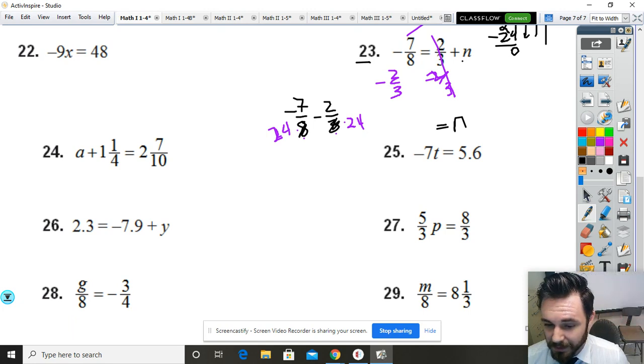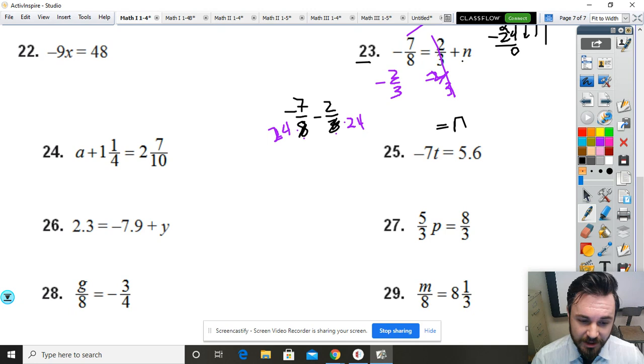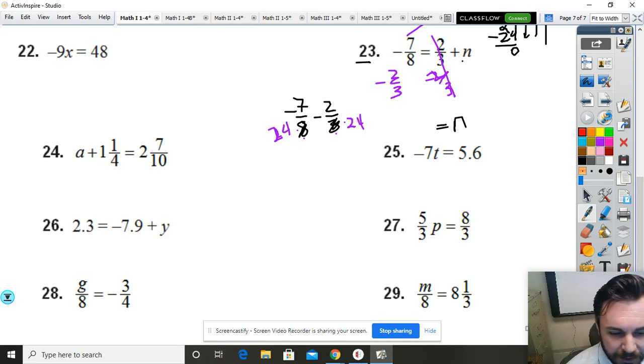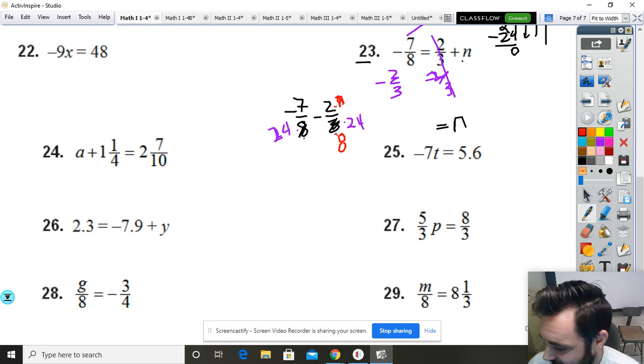But like an equation, with a fraction you can't do it to the bottom unless you do it to the top. How do I make 3 into 24 unless I multiply it by 8? That's what I did here. I multiplied the bottom by 8 in order to get this 24. So I have to multiply the numerator by 8.